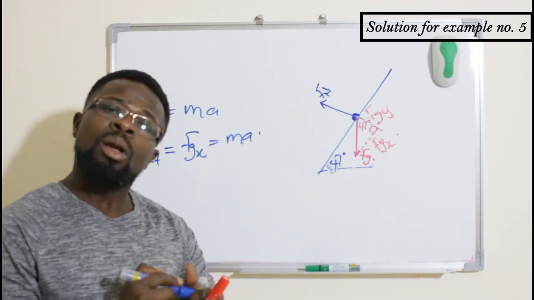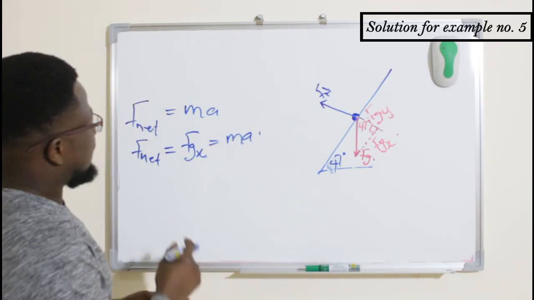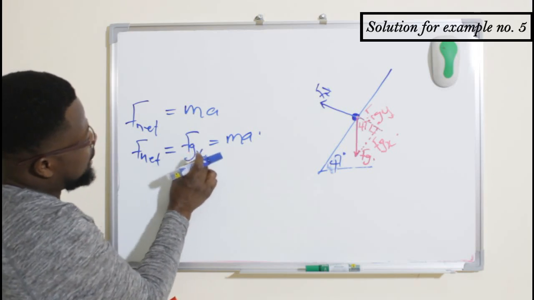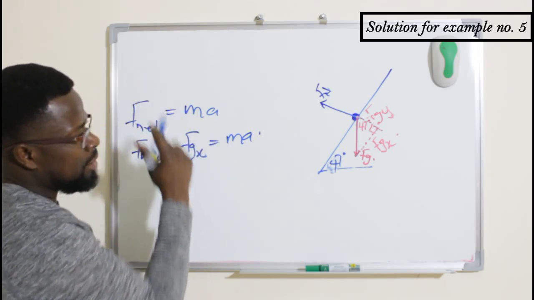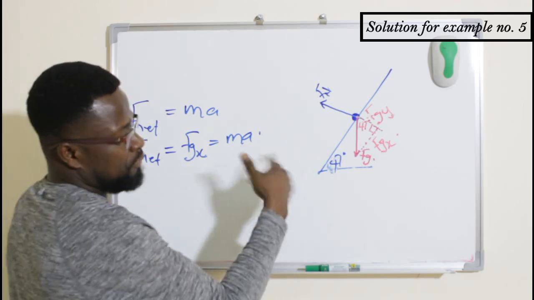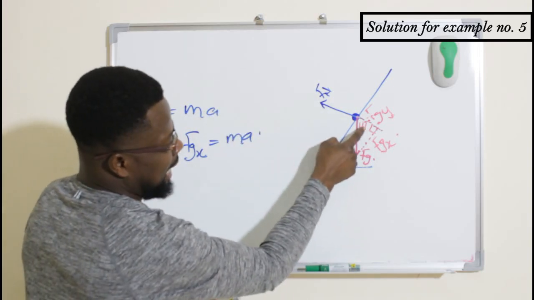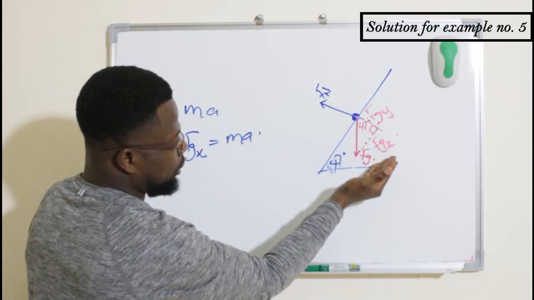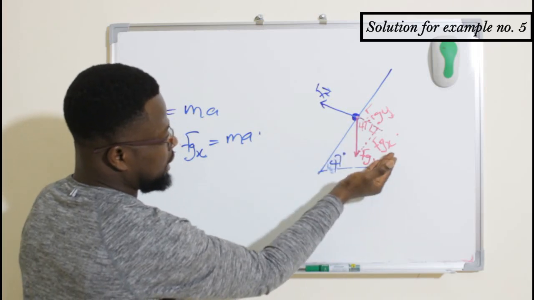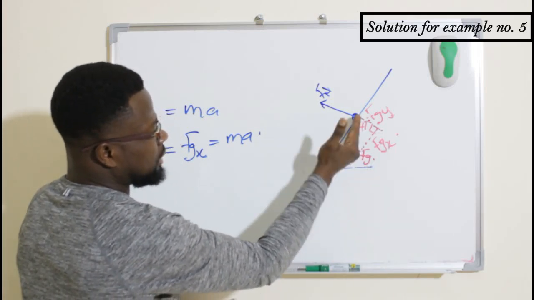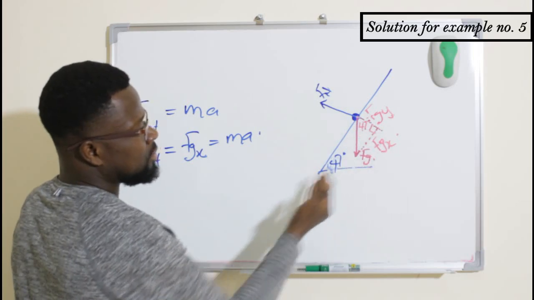Once I know that, I need to find what F_gx is. If you remember from our previous time, this is the angle, so this side is the opposite. Since I'm looking at the opposite, I have to use sine to deal with the calculation.